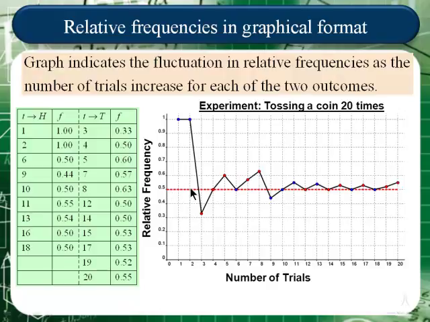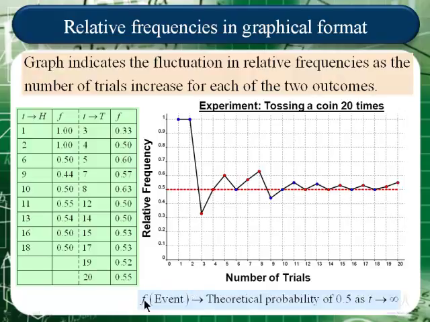Note this red dotted line is the theoretical probability of 50%. So can you see the fluctuation? But eventually what happens after the experiment has been repeated a couple of times, then this particular relative frequency tends to get closer and closer to this red dotted line, which is the theoretical probability.